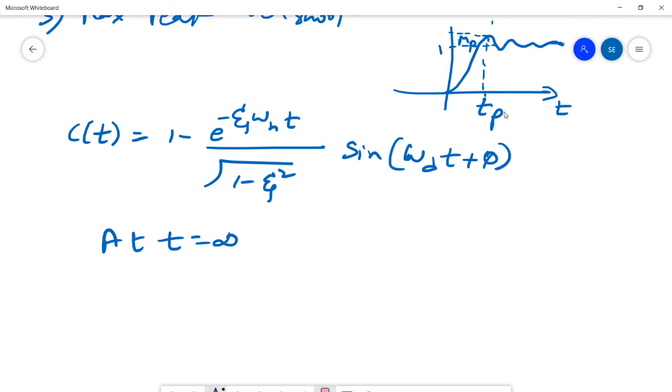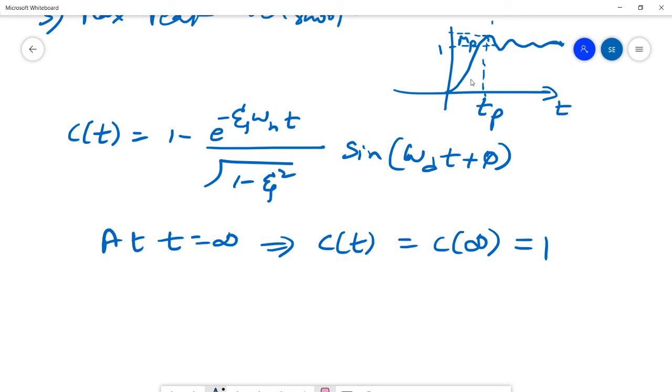So at t equal to infinity, c of t is equal to c of infinity, that is equal to 1. Why? Because in this plot the oscillations gradually come down and become 1. It will reach the desired value.